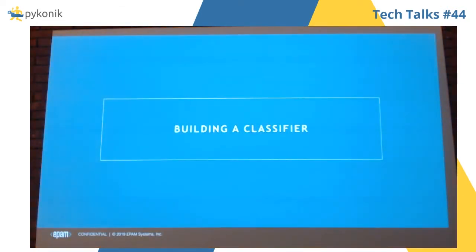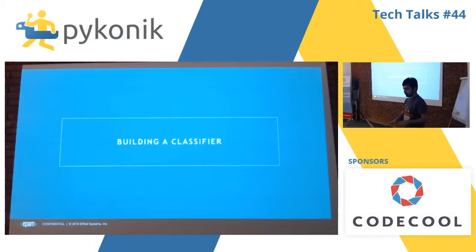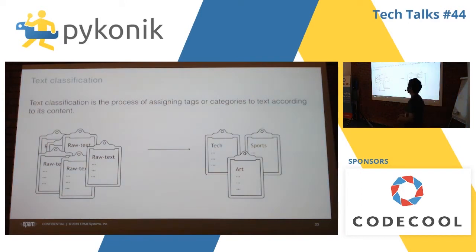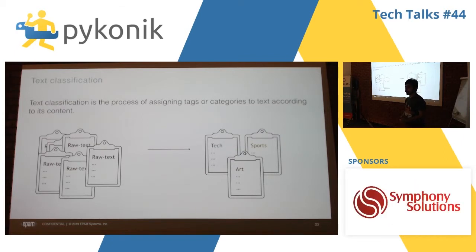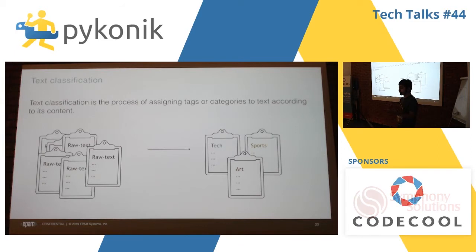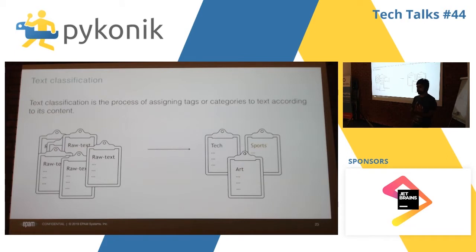So, building a classifier. If we get deeper into classification, text classification is the process of assigning tags or categories to text according to its content. For instance, the categorization of news items, as you can see in that example, or also spam classification: is it spam or ham?